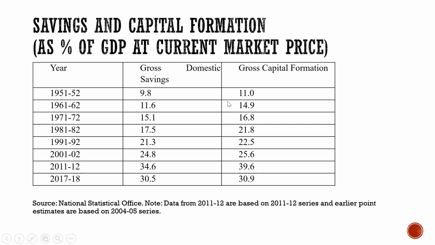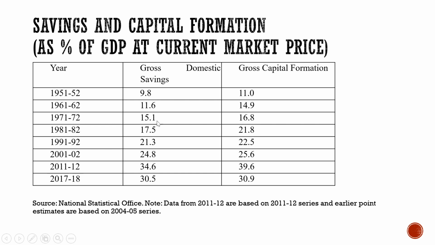As we have seen earlier, in the production function, the amount of capital employed is one of the factors, and gross capital formation would be inducing investment. So this is very important. And if savings are very low, then capital formation would also be very low. So in 1951, we were dealing with low rates of savings and low rates of capital formation.